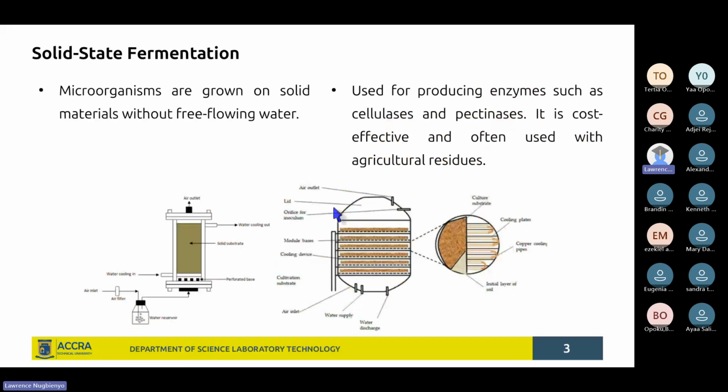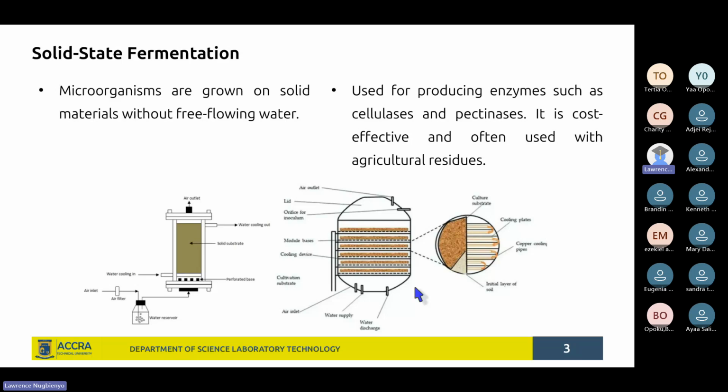Now another form is just like the common culturing that you do with a solid media in a petri dish in the laboratory. But this time around at an industrial level, such that you do this culturing at a mass level.